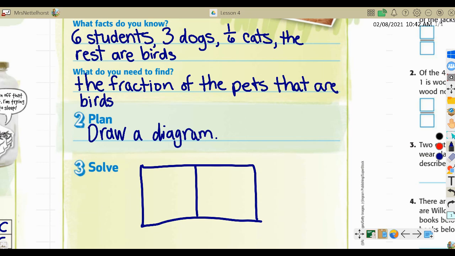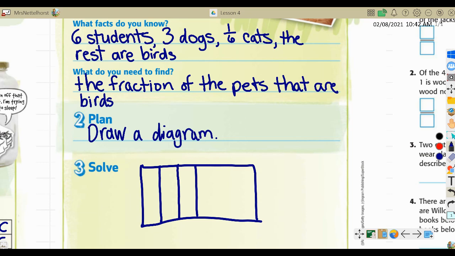I'm going to divide each side into thirds. So I'm going to go to the middle of my left square, and then I'm going to go over to the left just a little bit. So I'm not in the middle, I'm off to the left just a little bit. Now I'm going to go back to my middle and go to the right just a little bit. Now it's in thirds. 1, 2, 3.